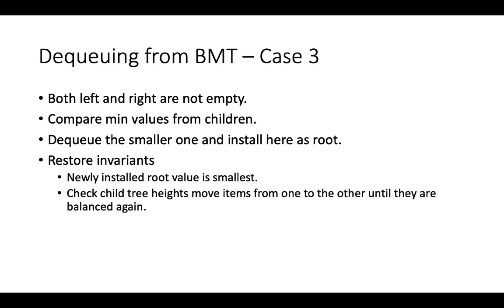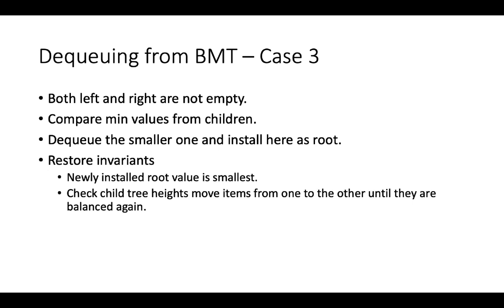Because we'll guarantee that that will help us restore the invariant. If I take the smaller of the 2 from my children, then I know it has to be the smallest of everything in both children, because it was the smallest in the child that I took it from.